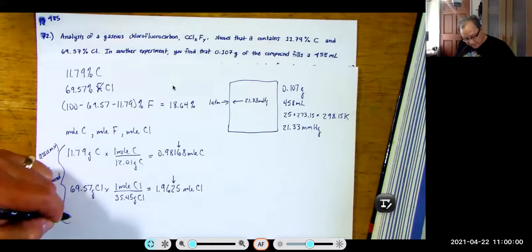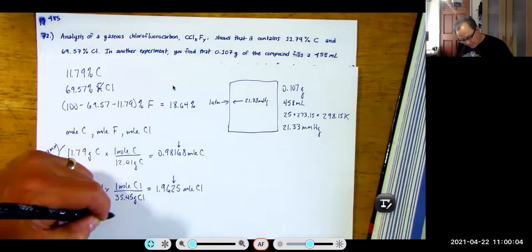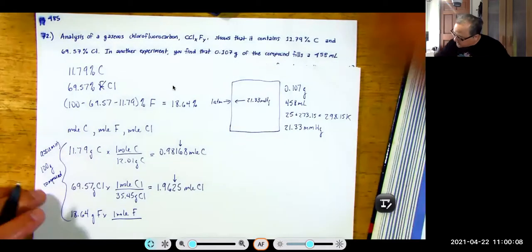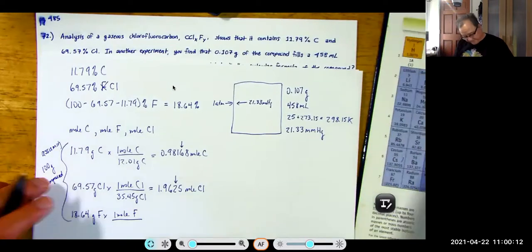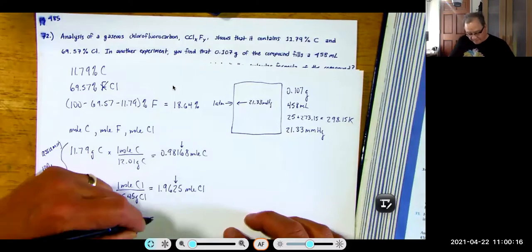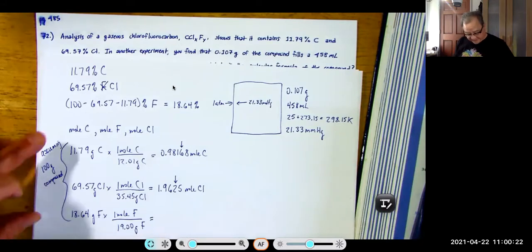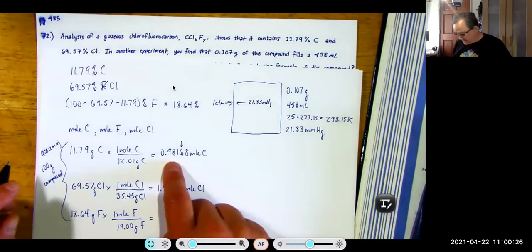So 18.64 grams of fluorine times 1 mole of fluorine per, I want to say 19.00, and it is. This is going to be really close to 1, isn't it? Yeah. And I bet you it's like 0.981.